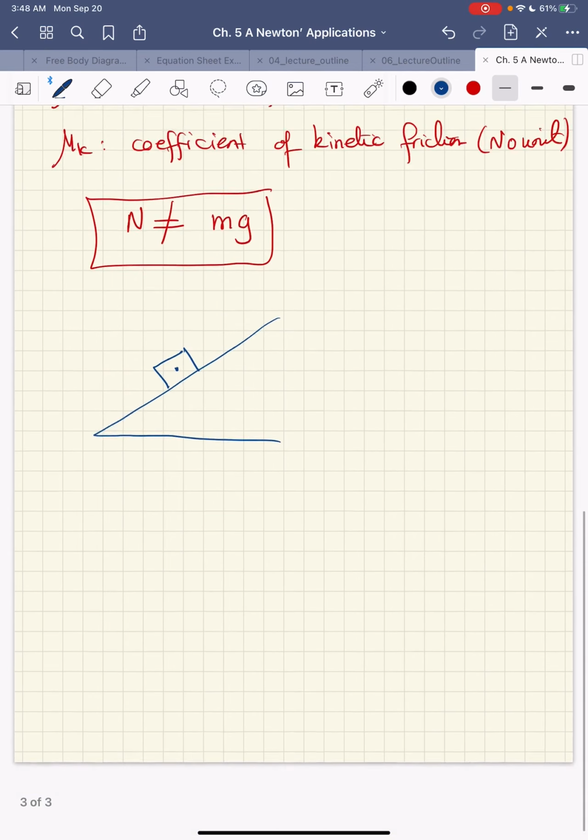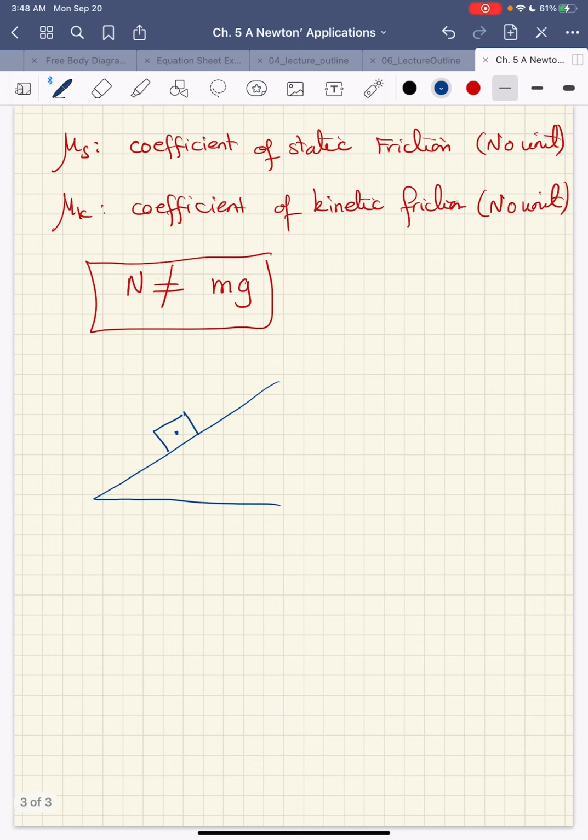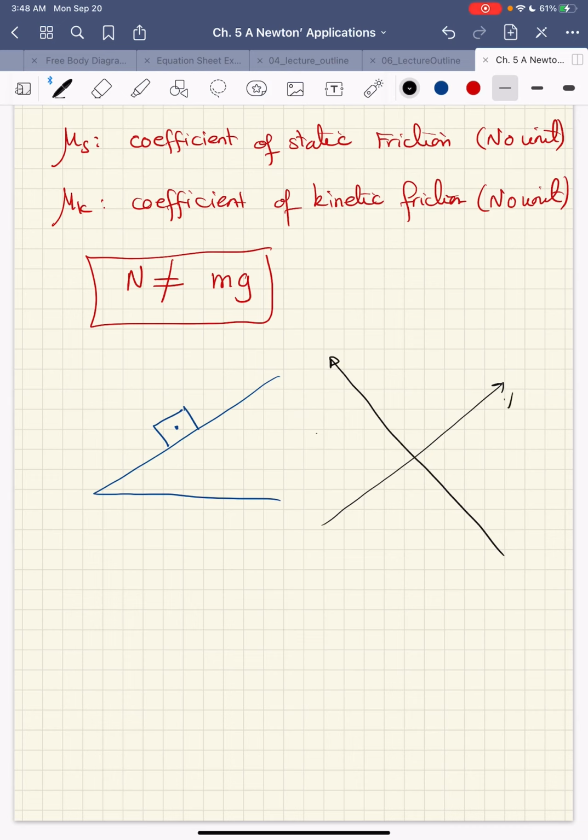We will say here that I need to draw a free body diagram for my object. Then I'm gonna make it slanted. Okay, and then here I have the weight mg. I have here friction, let's say Fk. Okay, and I have here the normal force.